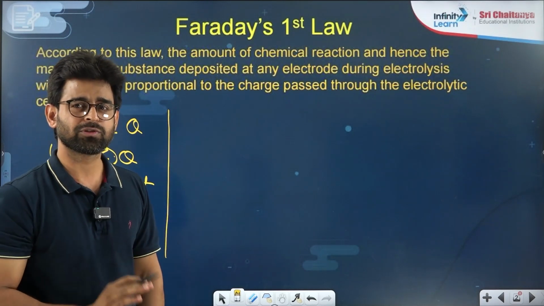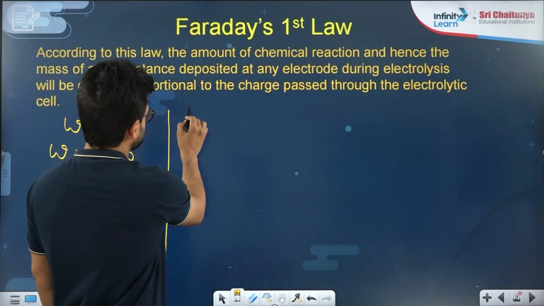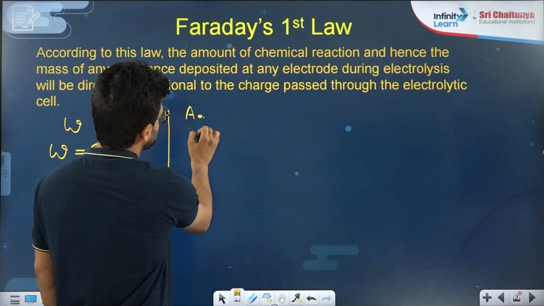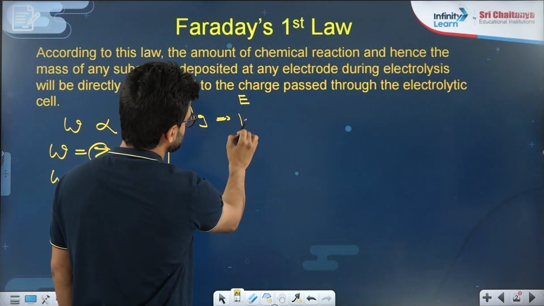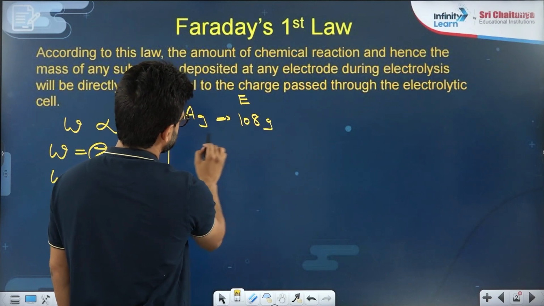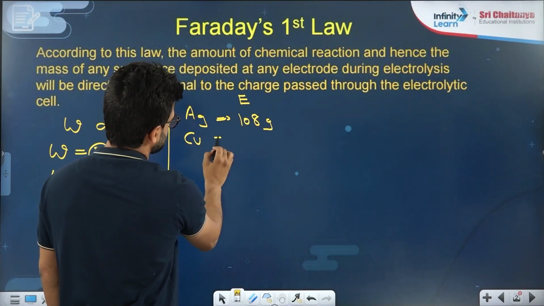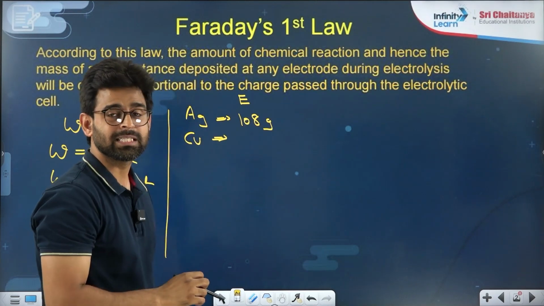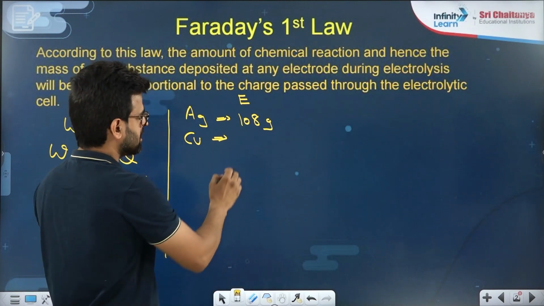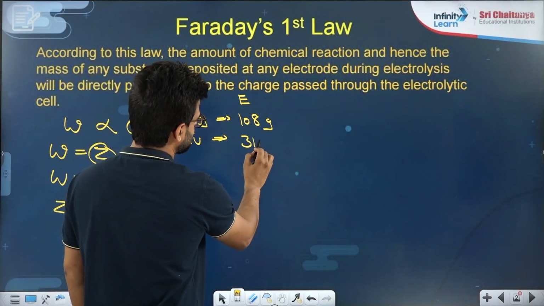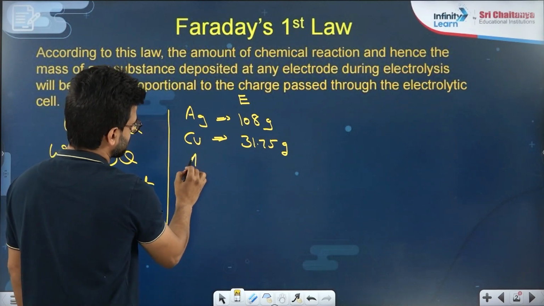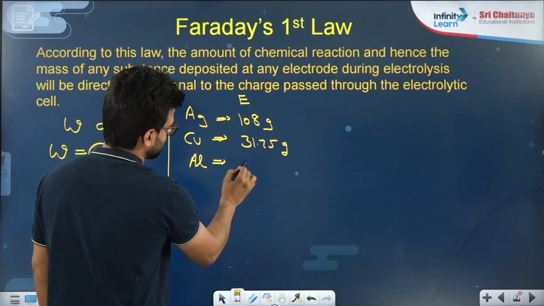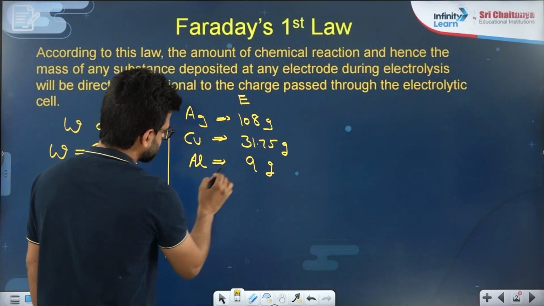In most of our questions, you will see that Ag will deposit. For Ag, the equivalent weight in most questions is 108 gram. For copper, it is 63.5 divided by 2, so almost 31.75 gram. If aluminium deposits, it is almost 9 gram.